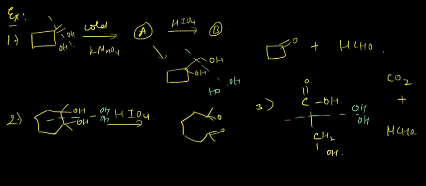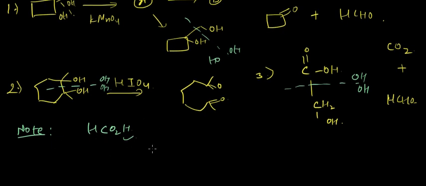Okay, so if you just remember from previous lectures that we made a good note that HCO2H is the only compound which was actually made after we reacted with HIO4.